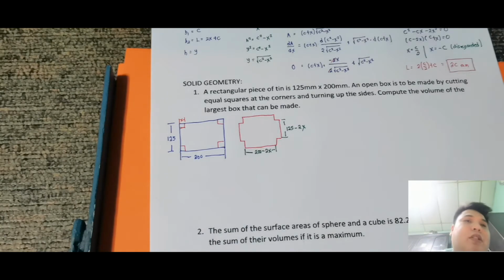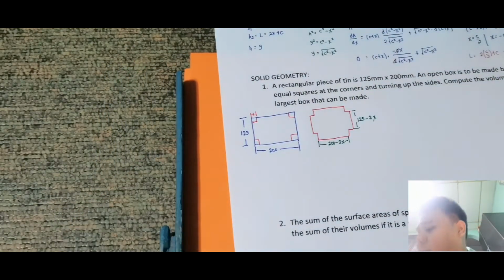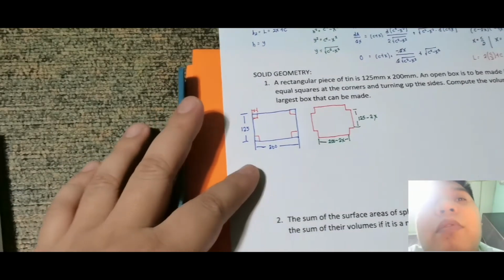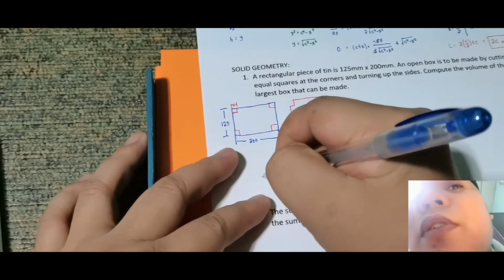Ngayon, suppose na ginawa natin siyang box. Paano siya magiging box? Pagpasensyaan nyo na yung magiging result ng drawing, ito ay sa aking imagination, napulot ko lang kasi yung tanong. Medyo on the spot ko rin siya sinolve.